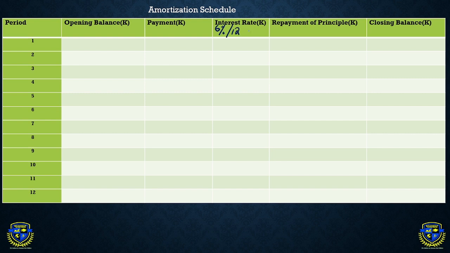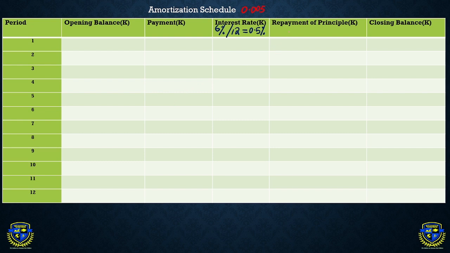Divide by 12, that will be 0.5%, which we know is 0.005 when you divide it by 100.